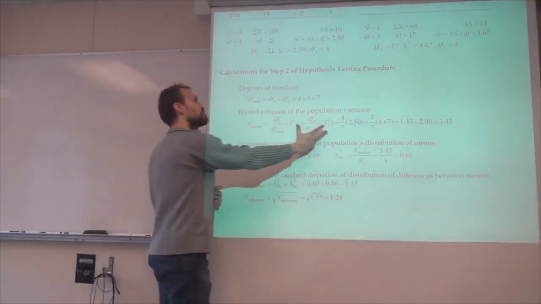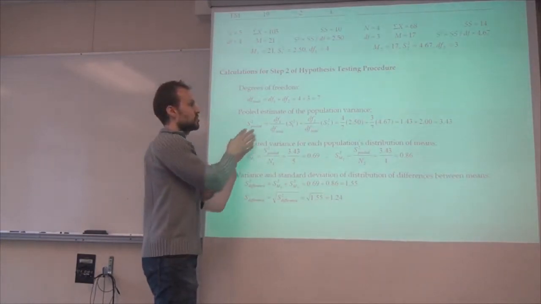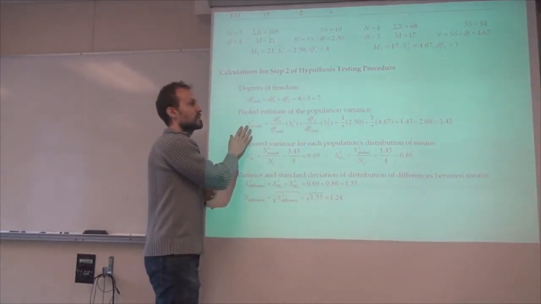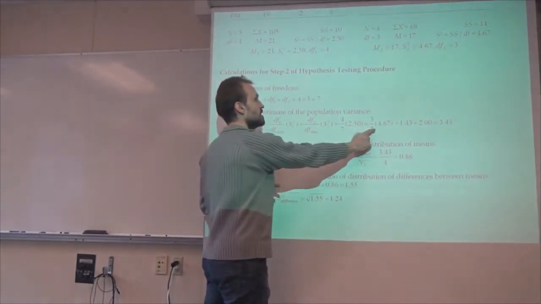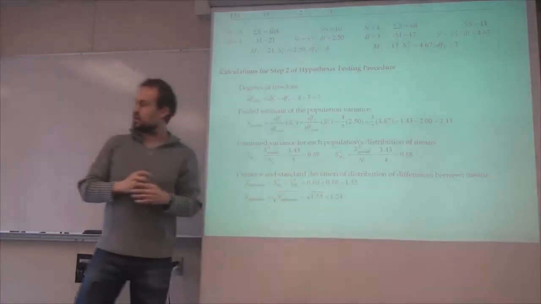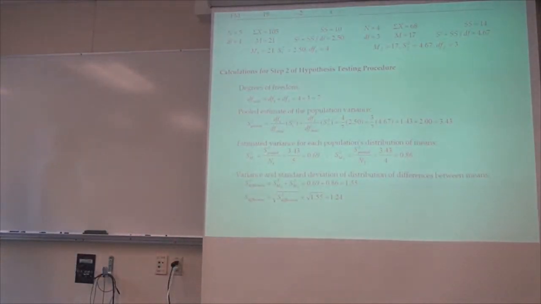So I'll combine the two separate sample variances into what I call a pooled variance, and that'll be my estimation for the population. So with the calculation here, combining the two, I get a variance for my population of 3.43. Is everyone okay with the weighted average idea?